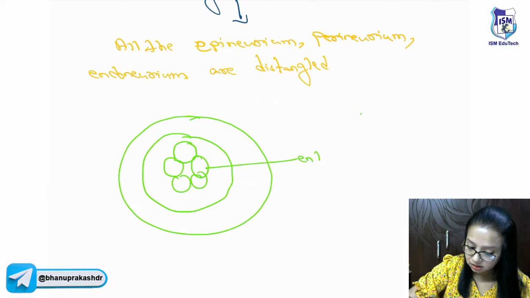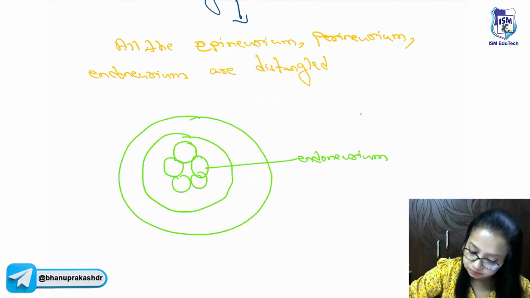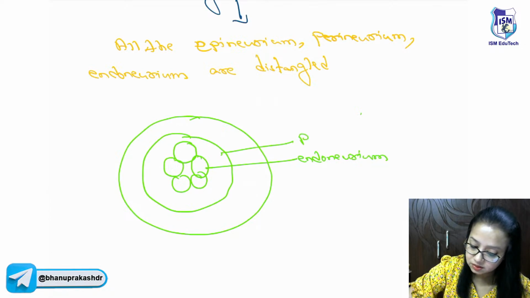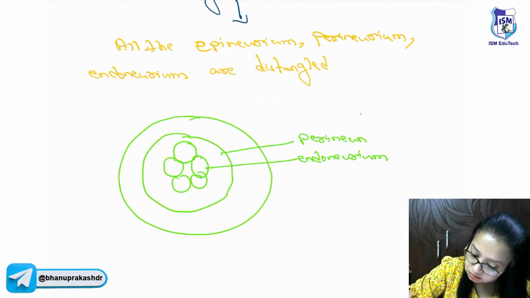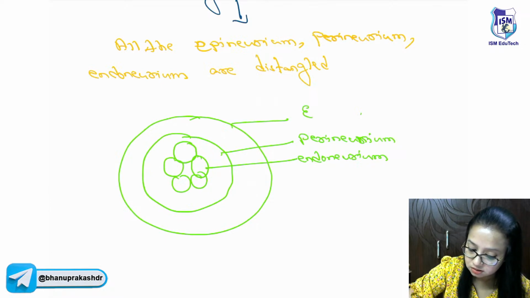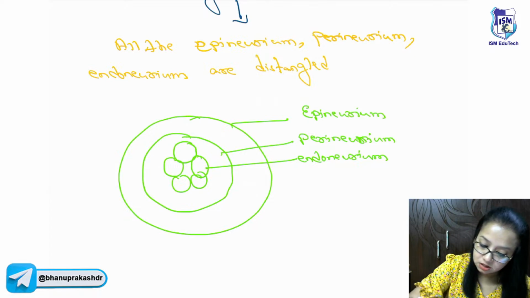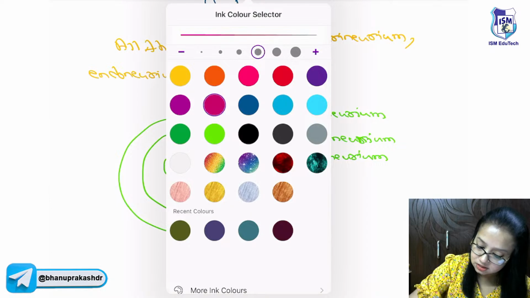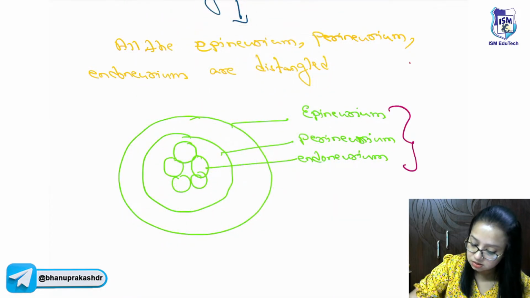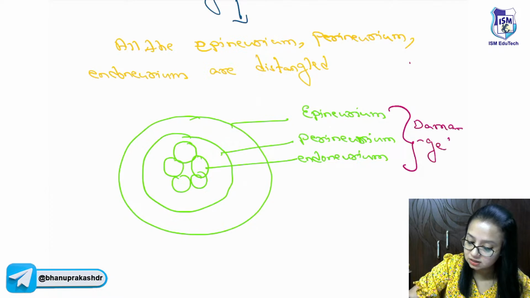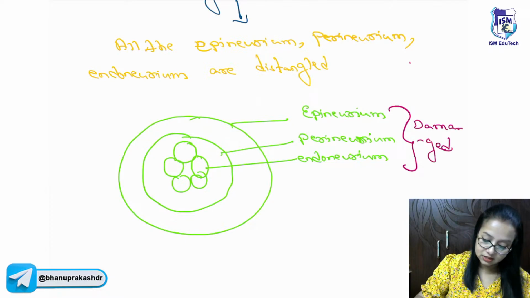So endoneurium, perineurium, and epineurium, all these three get totally damaged, totally disentangled.